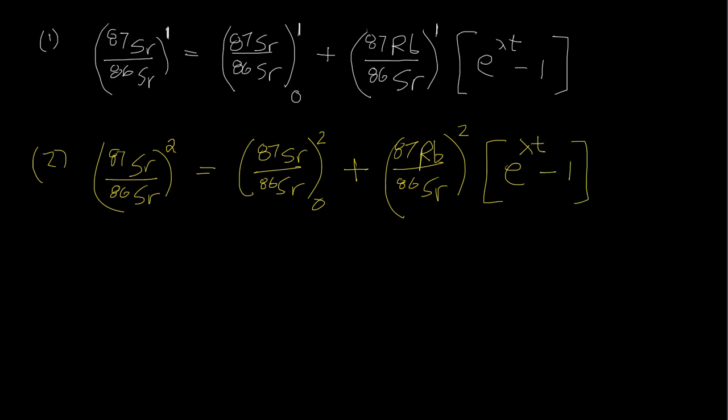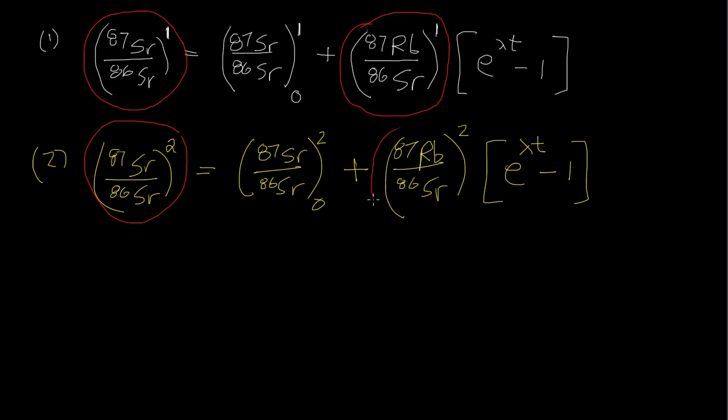Now, once again, let's circle the things we can measure here. We can measure these ratios of strontium-87 to strontium-86 and rubidium-87 to strontium-86. We can do that for both rocks. And that leaves us potentially several different unknowns.